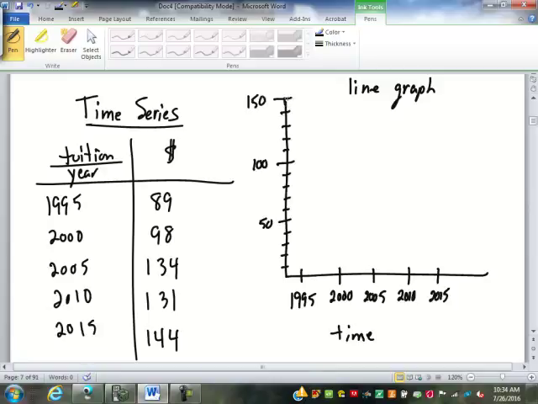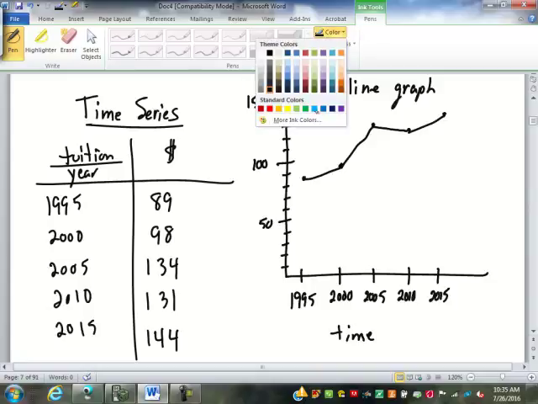And again, I have to make sure my scale goes up to at least the largest value of the data. 1995, it was at 89. It would have been somewhere in here. 2000 was at 98. Be somewhere in here. 2005, it jumped up to 134, which is somewhere in here. 2010, it dropped down just a little bit to 131, and 2015 up to 144. So we connect these dots to make our line graph.